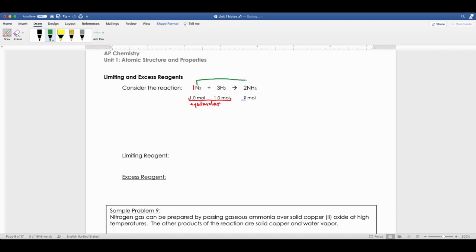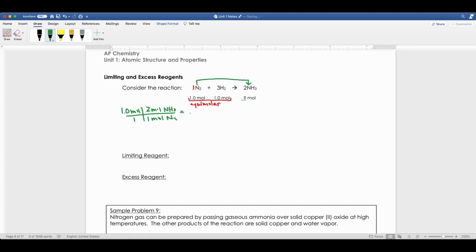So let's first start off with determining how many moles of ammonia I can make from 1 mole of nitrogen. So let's go ahead and we'll go from here to here first. I'm going to do that in green down here. And this is pretty simple because, I'm not going to write the formulas for them because I'm going to color code it instead. 1 mole of nitrogen produces 2 moles of ammonia.